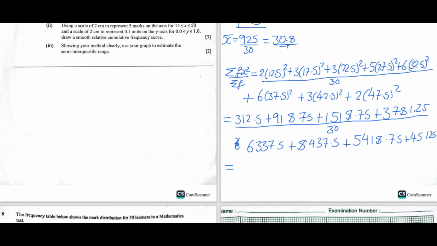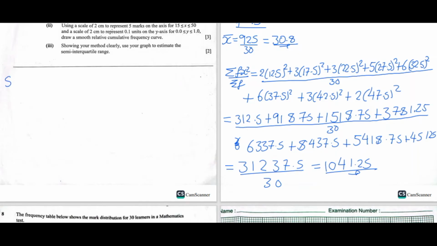So according to my calculation here, I'm getting 31,237.5 over the total, which we know is 30. So if we divide by 30, I'm getting 1,041.25. Then from there, let's go back to our formula for standard deviation.